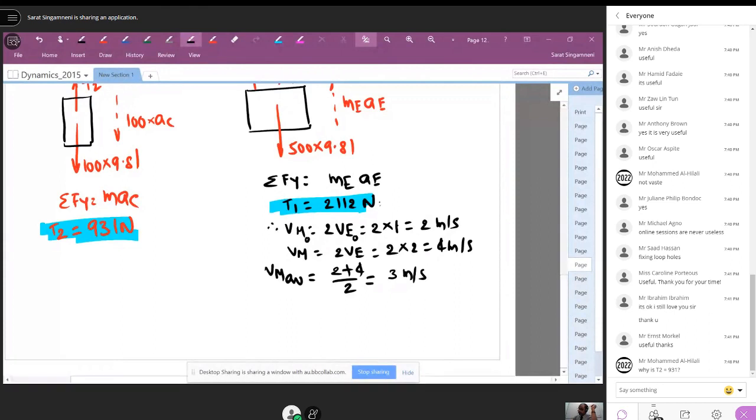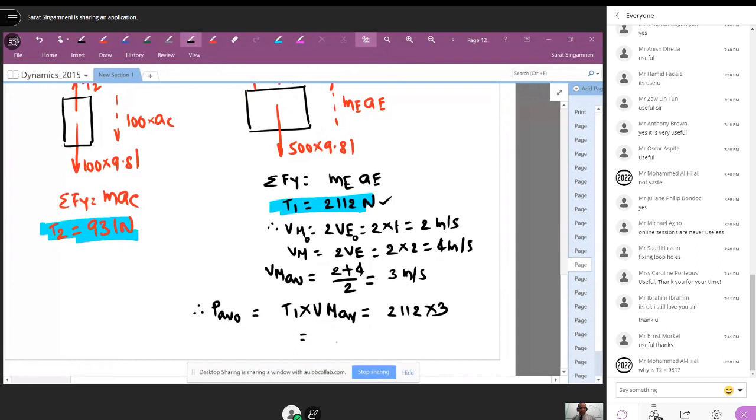That means the motor is pulling the rope with an average velocity of 3 meter per second and under a tension of 2112 Newton. Therefore, the average power output is equal to T1 times velocity of motor average, which is equal to 2112 times 3.